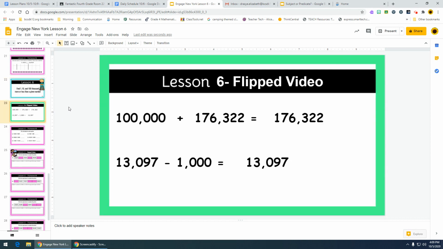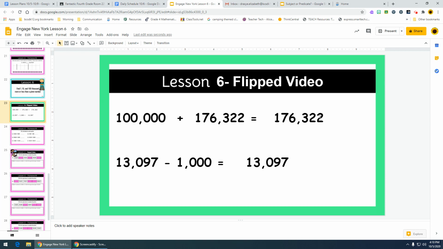So let's look at 2 examples. The first problem we're going to add, and the second problem we're going to subtract. I have 100,000 plus 176,322. So the first thing I need to do is tell myself I'm going to be adding 100,000 to this number.